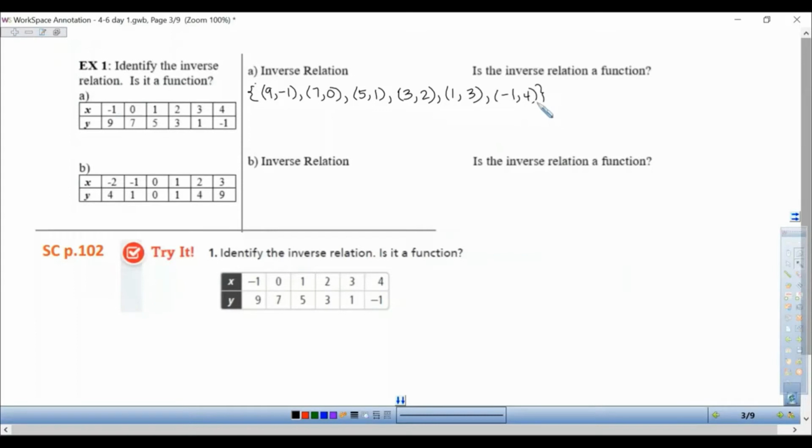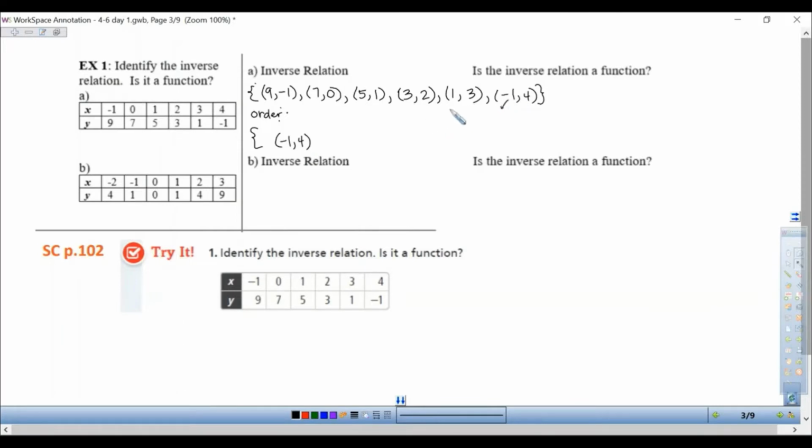Okay, so remember that the best way to tell whether or not it's a function is to look at this in order by my x values. So in order from least to greatest, looking at the x values, my lowest x value is -1. So I'm going to write that first. So (-1, 4) is my first point.